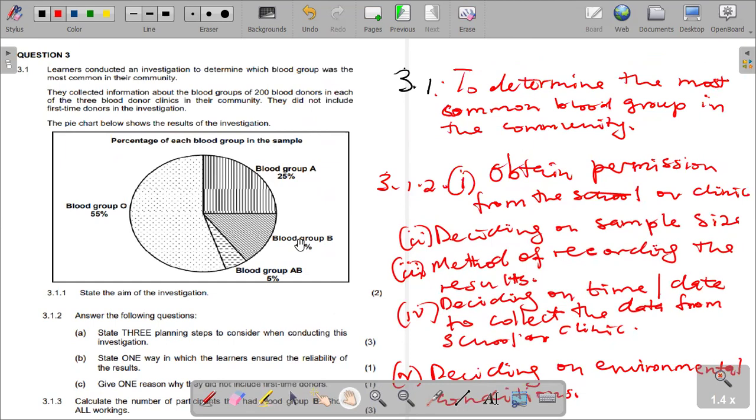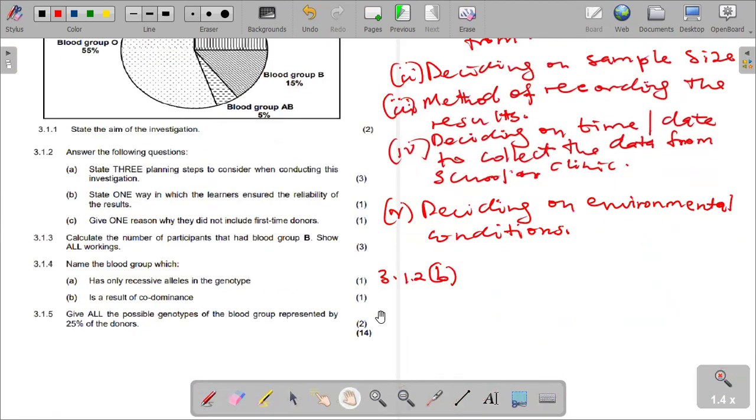So what we are saying is, how do they ensure that the results were correct? One, they included 3 samples. That is to say they were trying to improve the reliability of the results by including 3 samples.